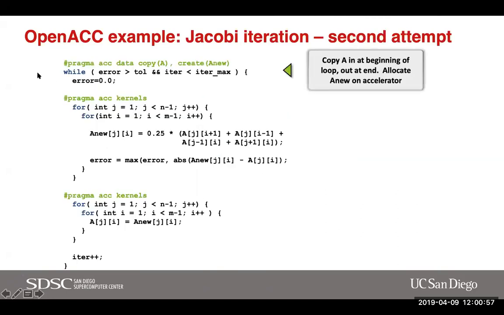So what we do is we add data clauses here, and we tell the code to copy data, so A, that is the matrix A, to the GPU at the beginning of the loop. And it also implicitly means copy back out at the end. Create Anew means allocate Anew on the accelerator and do no copies for Anew, because that is used only on the accelerator.